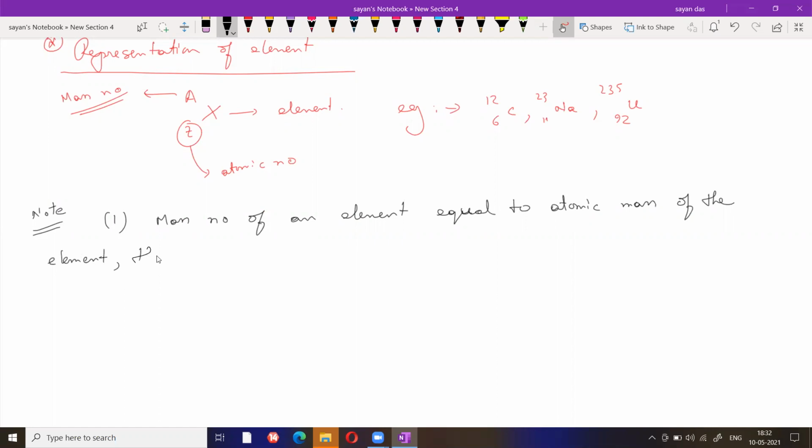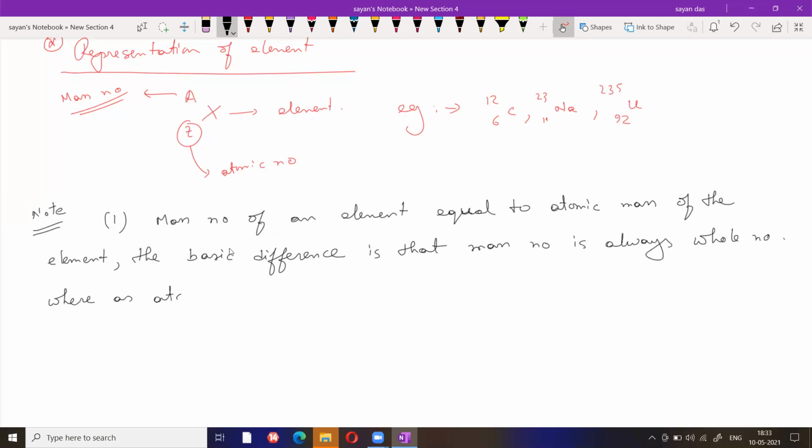The basic difference is that mass number is always a whole number, whereas atomic mass is usually not a whole number.